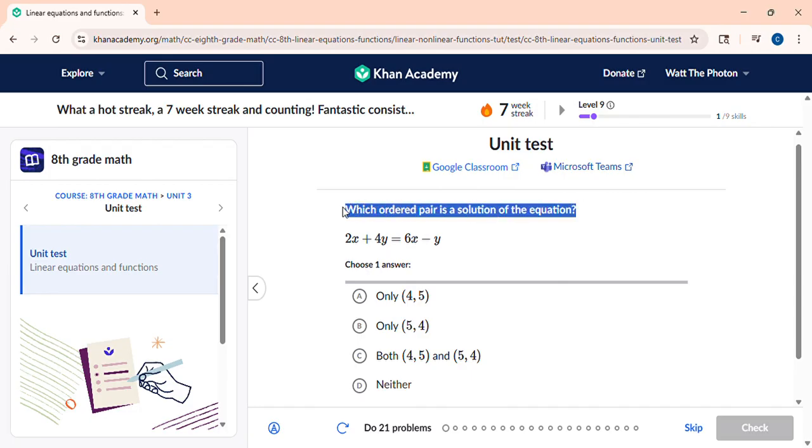What's the solution? Let's see, we have negative 4x is equal to negative 5y. So 4, 5, does that work? So negative 20, so negative 5, 4 works, 20.